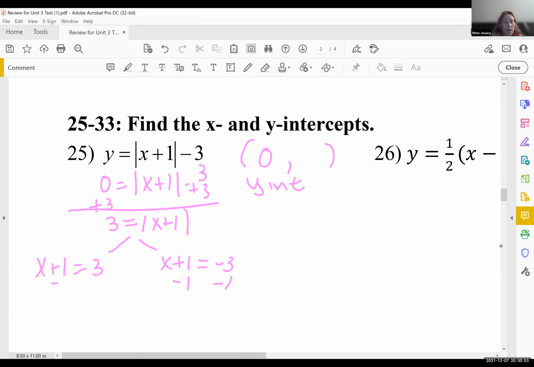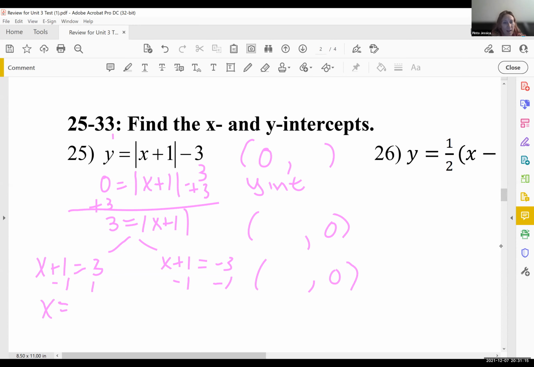Subtracting 1 on both sides. Oh, I said I was doing the easier one and the hard one. I'm doing the work here where I replaced y with 0. So I have just found the x-intercepts, right? Great. Well, good. I got the hard thing out of the way.